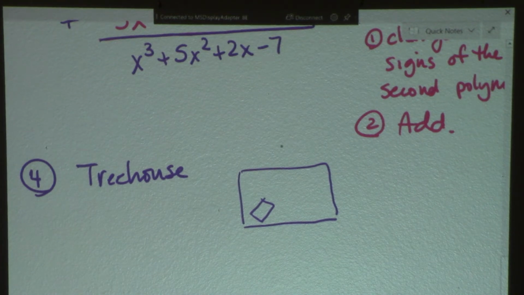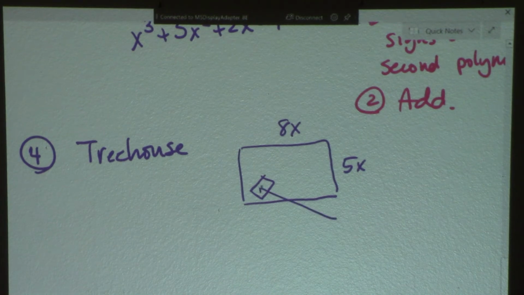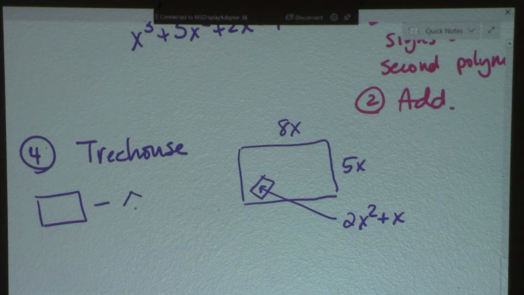Now, this side is represented by 8x, and this side is represented by 5x, and the area of the hole is 2x squared plus x. Okay, so what I want is the whole thing minus the little box. That's going to give me the box with the little hole in it, right?